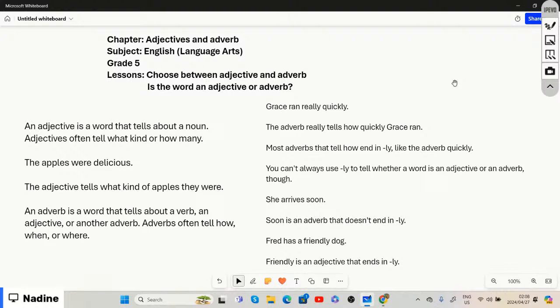So we say that the apples were delicious, which means that we describe, or say more about the apples, in the sense of them being delicious. It's like asking ourselves, what kind of apples were they? They were delicious apples.